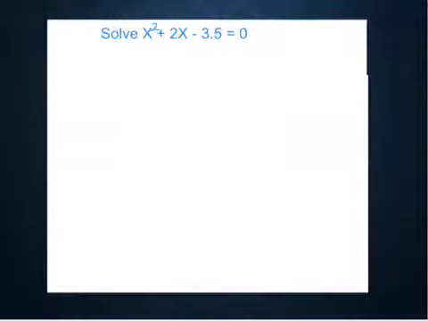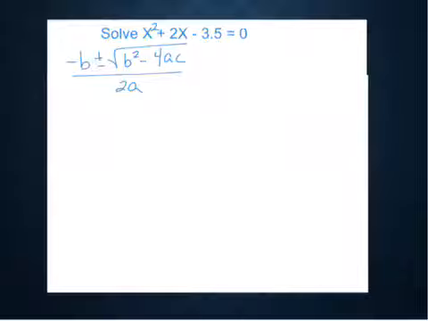Here's a problem I would like you to try solving by yourself using the quadratic formula. When you are done, pause this video, and then I will work through the steps with you. Did you write down the quadratic formula correctly? Did you correctly label your a, your b, and your c?